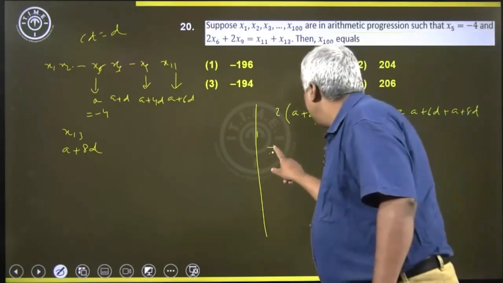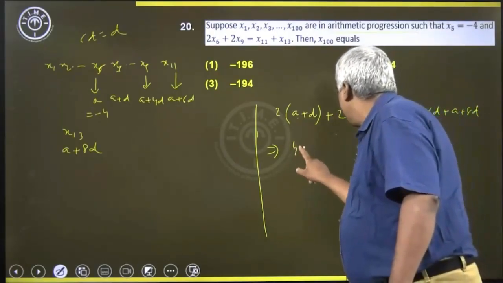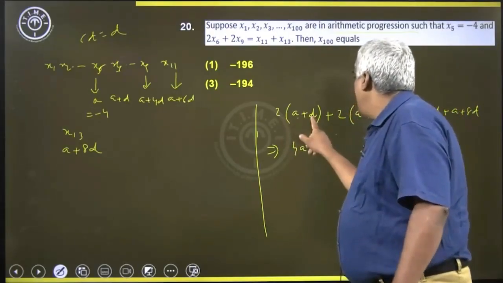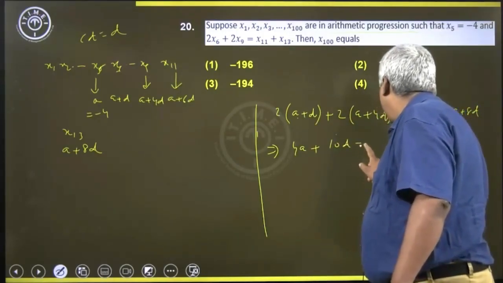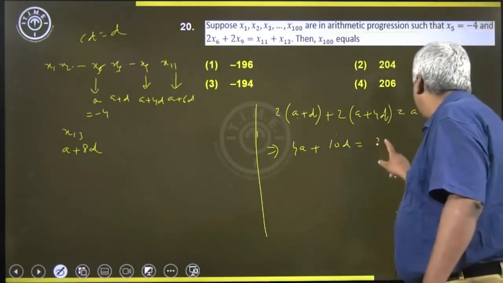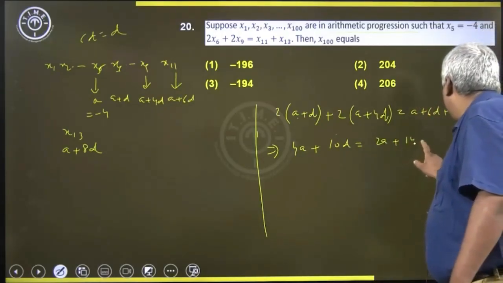So if I solve this, it is 4A plus 2D plus 8D, 10D, equal to 2A plus 14D.